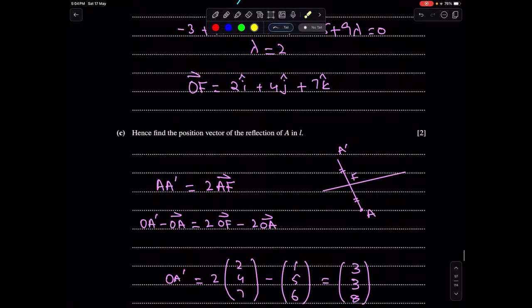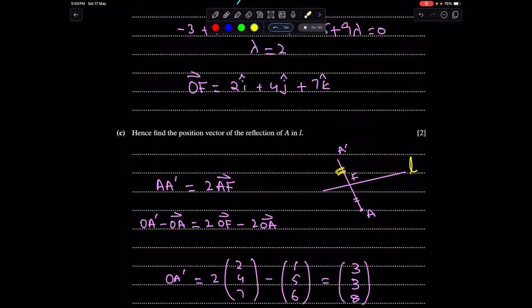This part is also very important. Find the position vector of the reflection of A in L. This is very simple. This is line L. This is point A and its reflection must be here. And both distances are the same. A and A dash are equidistant from line L. So F is the midpoint of A and A dash, because the reflection of A is A dash.